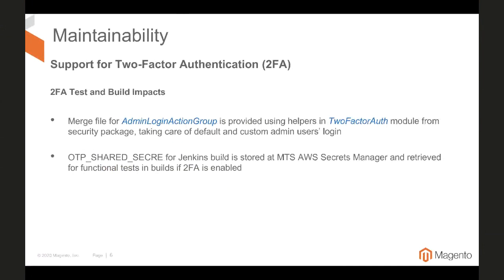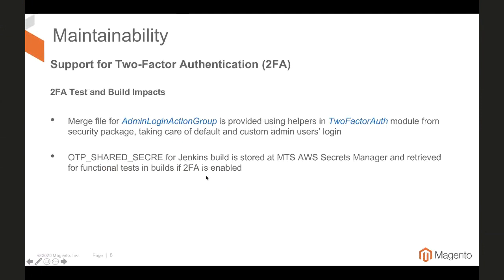There's a merge file created for the admin login action group, which uses helpers in the two-factor auth module from the security package, taking care of the default and custom admin users' login. And on the build side, the OTP shared secrets used for Jenkins is stored in the MTS AWS Secrets Manager, and it will be retrieved for the functional tests in the build when 2FA is enabled.